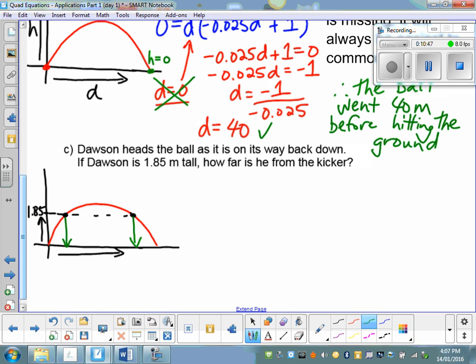So in this case, same thing we did up above, we're going to substitute in for h, and we know that h is equal to 1.85. So this time, instead of putting 0 in for h, I'm putting 1.85 in for h. So when I do this, it's going to look like that. I'm going to move everything from the right side over to the left side here.